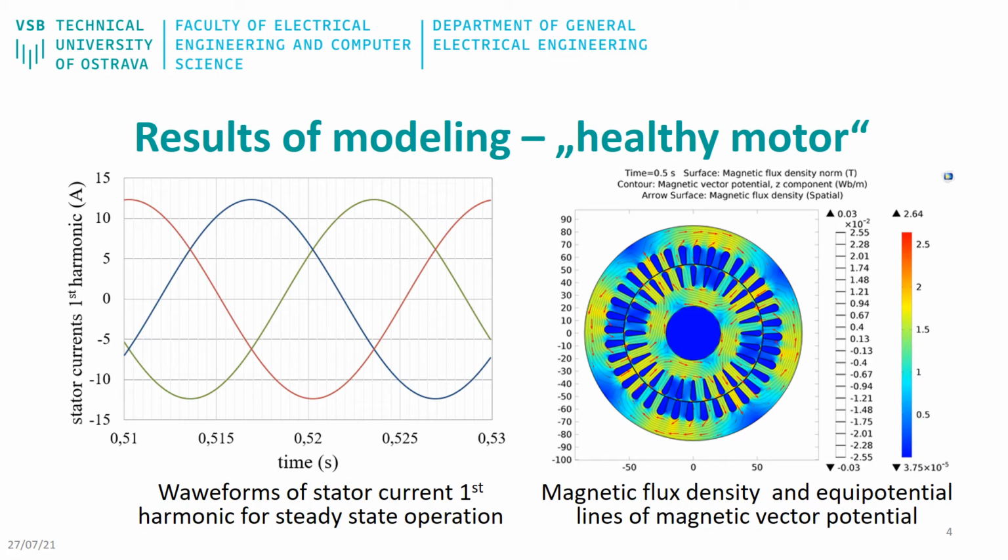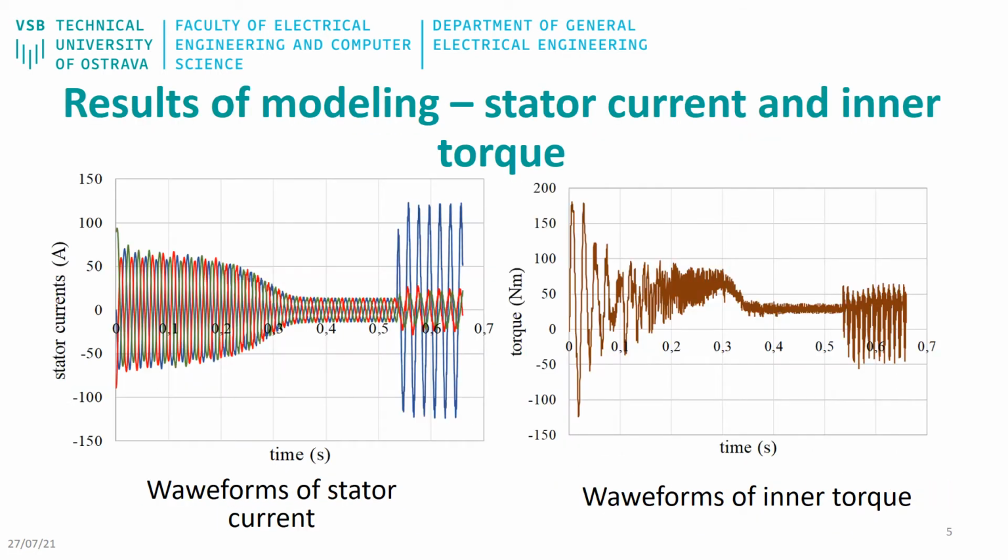This behavior is typical for a healthy motor in steady state operation. After the initial transient effect disappears, the steady state occurs. Steady state is described on the previous page.